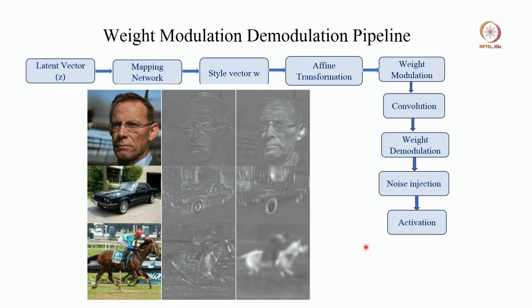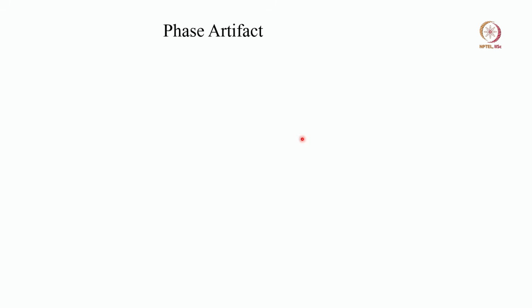So, weight modulation and demodulation helped to get rid of the artifacts that were coming while images were generated using the StyleGAN architecture. Weight modulation and demodulation was introduced in StyleGAN 2 for removing these artifacts, and here it is clearly demonstrated.